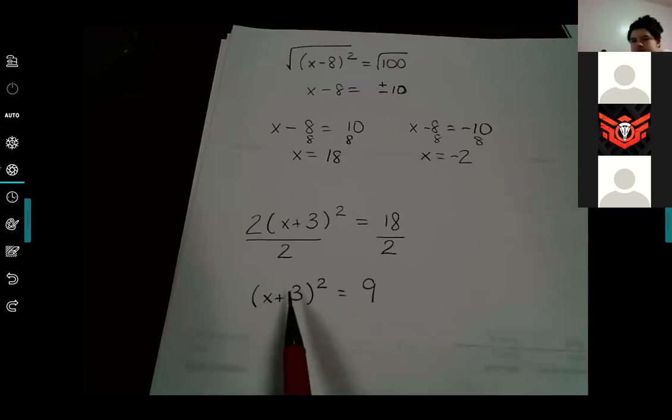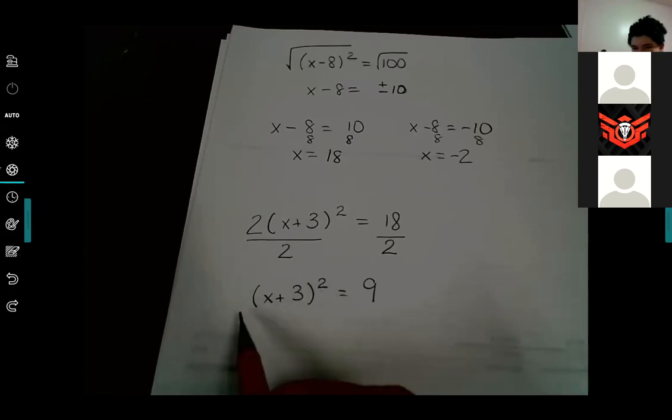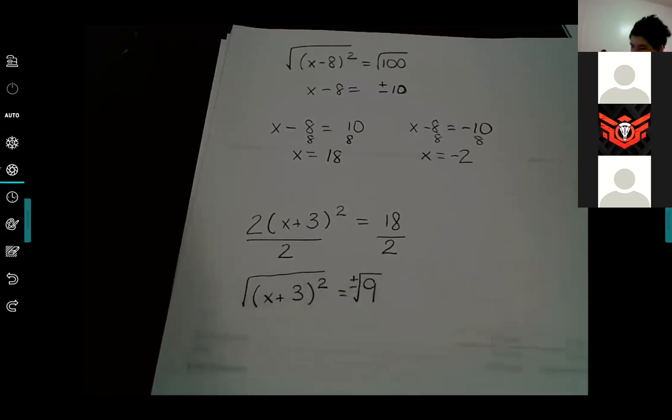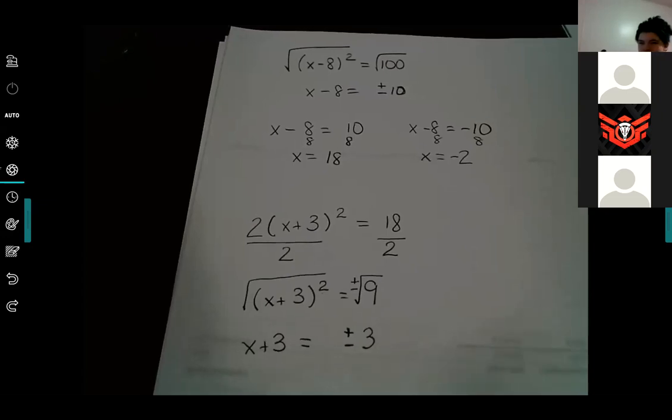Now I'm trying to release this from the square. What do I have to do to release this from the square? You take the square root of it. So it's x plus 3 equals the positive and negative 3. When you take the square root of a number, you have to have a positive and negative. So the square root of 9 works out to plus or minus 3. And Chloe said when you take the square root of this side, you just get x plus 3. Y'all with me? Write me two baby equations.